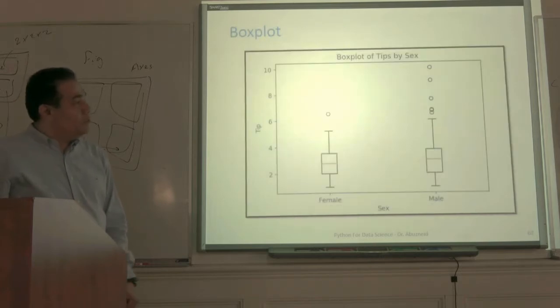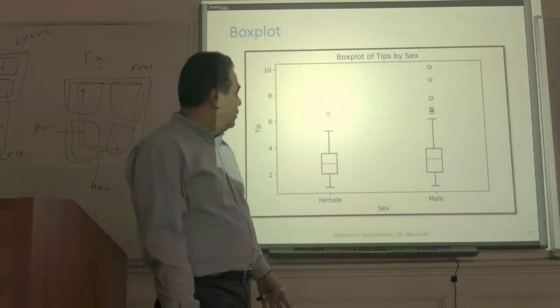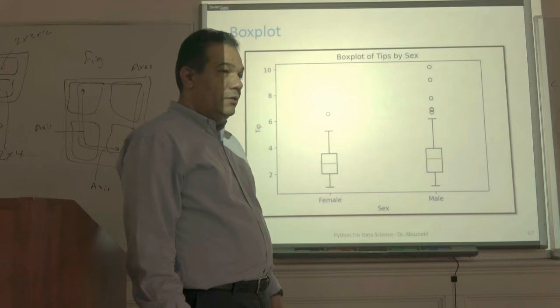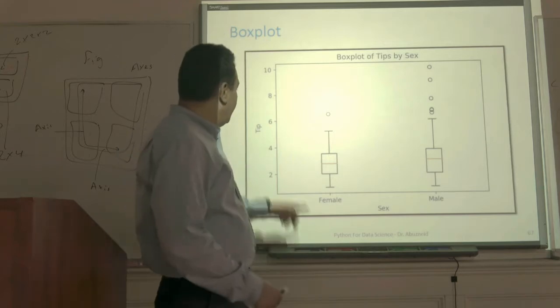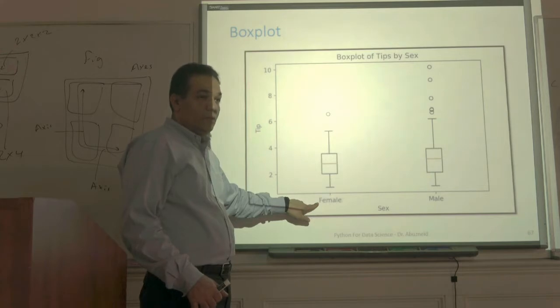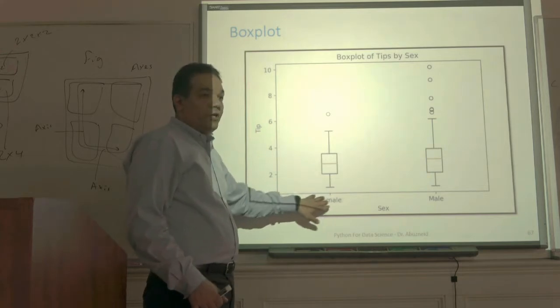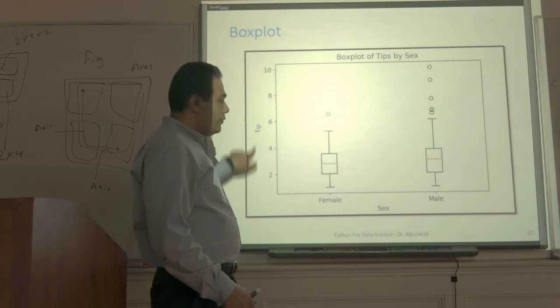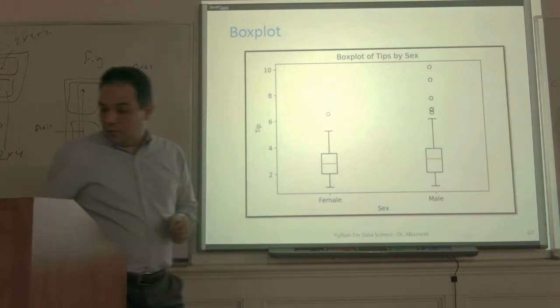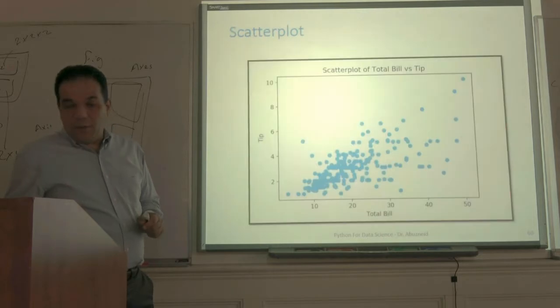Now, how many variables are we drawing in here? 2, right? One is continuous and one is discrete. The gender is discrete. The money is continuous. How about in here?